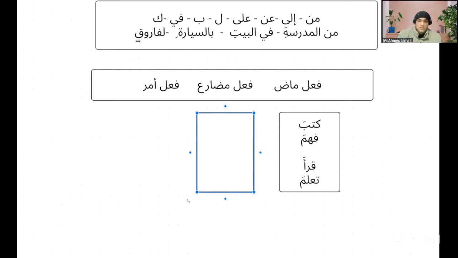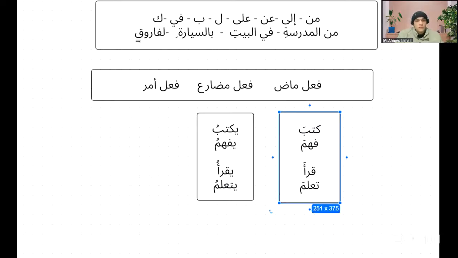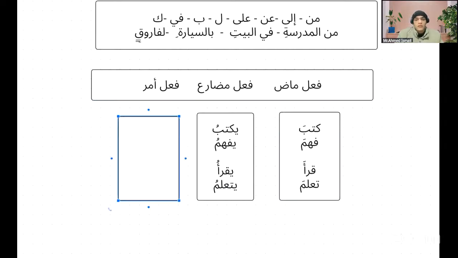Let's see how we could write them in the أمر. And the حركة of the last letter for each one of them. So let's see here, we have for فعل أمر the same verb, as we say اكتب. I have افهم.